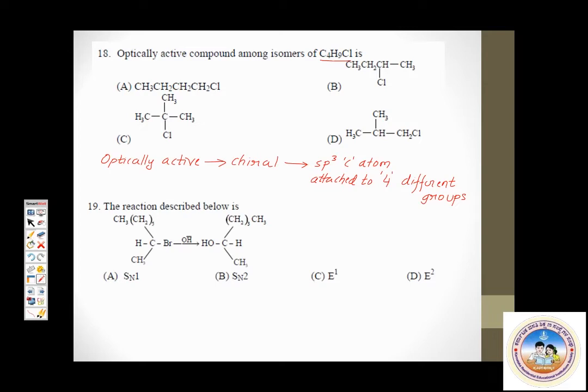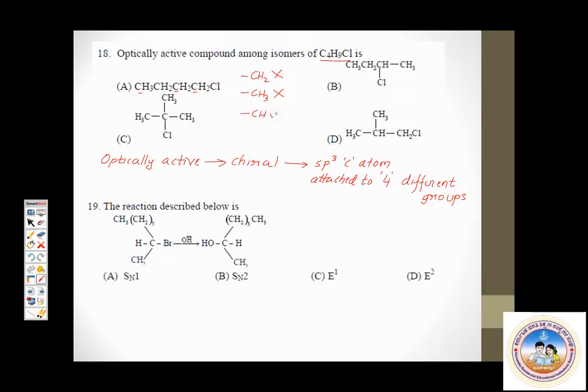A CH3 group also can never be a chiral center. Chiral centers can be a CH group or just a carbon atom. So your focus must be on CH and C. Option A has no CH or C, so it is ruled out, it is not chiral.